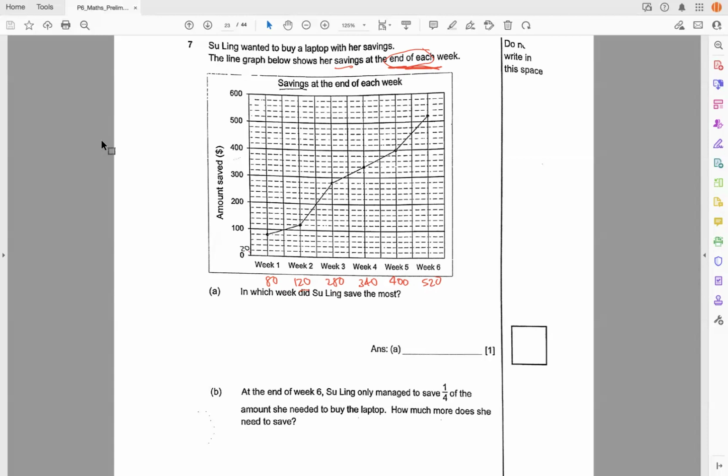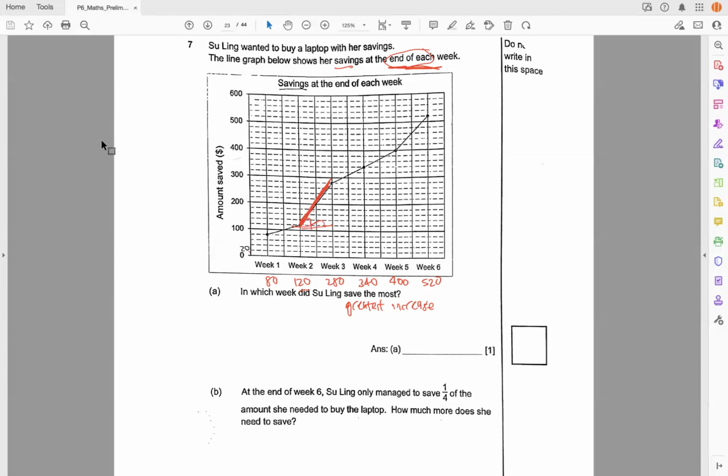Okay, now in which week did Suling save the most? So we are talking about the week with the greatest increase, right? Visually, you can see this is the greatest increase, the biggest angle.